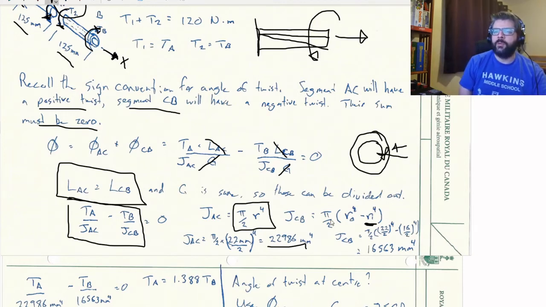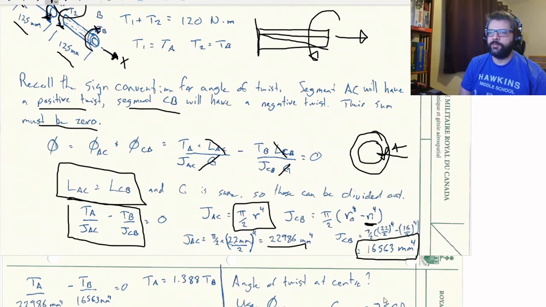So we're working with pi over 2 times the outside radius to the fourth minus the inside radius to the fourth. So pi over 2 times bracket 11 millimeters to the fourth minus 8 millimeters to the fourth gives us this value here.